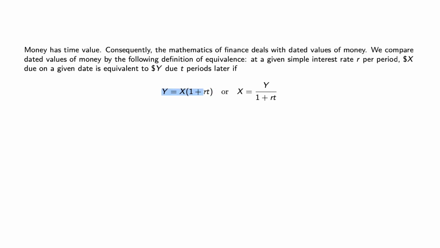Either Y is equal to X accumulated by the factor 1 plus RT, or equivalently, X is Y discounted by the factor 1 plus RT.